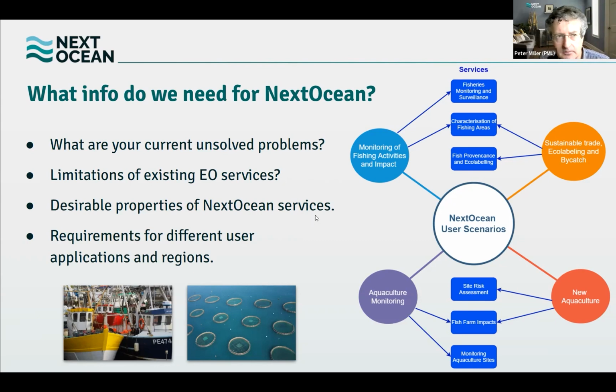What would be a unique selling point, that kind of thing. And as you reach out to people, different groups of end users have different needs depending on their region and their particular business sector. So there's a mixed bag of ideas that can come into a co-design.